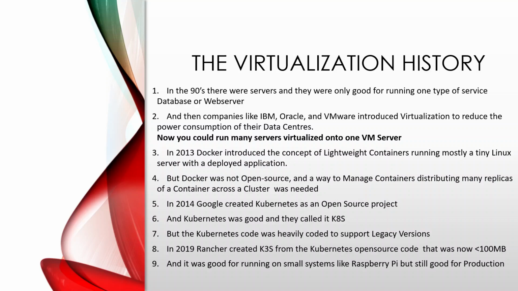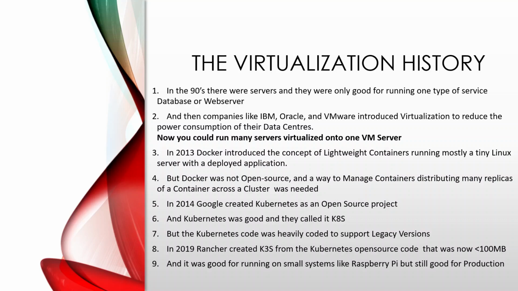In 2013, Docker introduced an even lighter solution, the lightweight containers, running mostly a tiny Linux server with a deployed application. But Docker was not open sourced, and a way to manage containers distributing many replicas of a container across a cluster was needed.